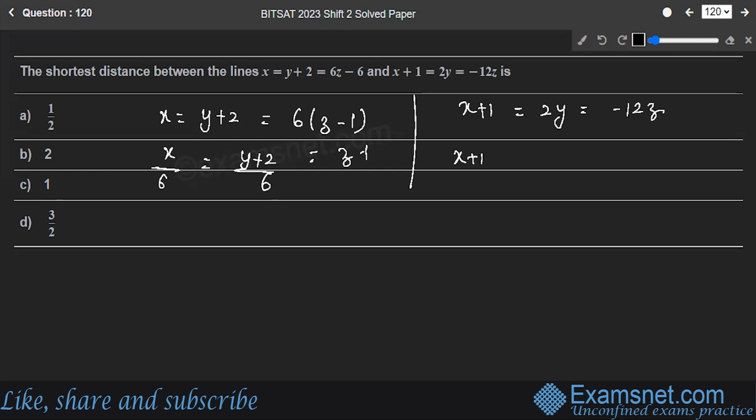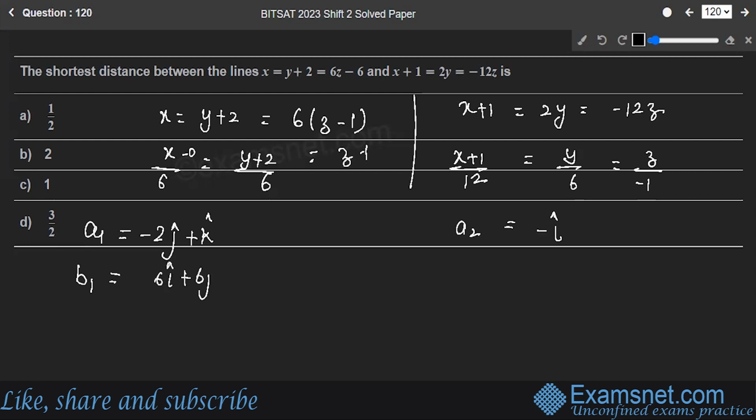So here you have a1 as −2j + k, and a2 as −i + 0j + 0k. Here b1 is 6i + 6j + k, and b2 will be 12i + 6j − k.